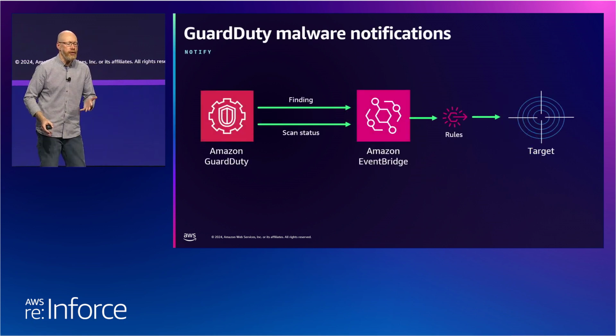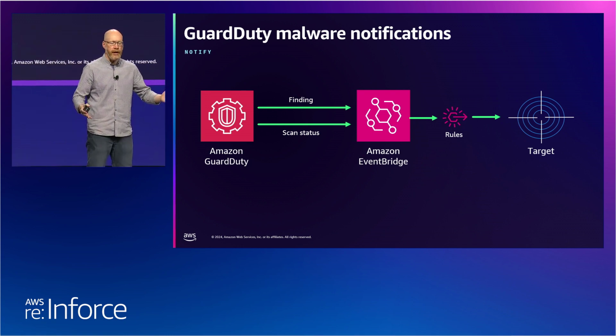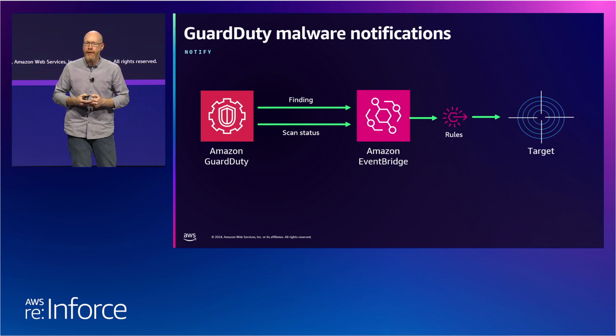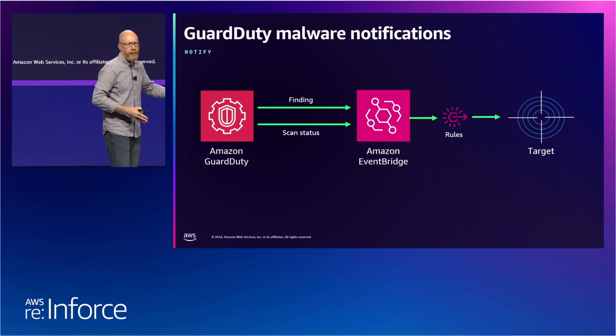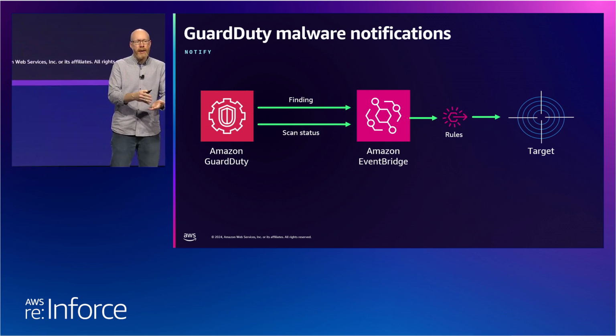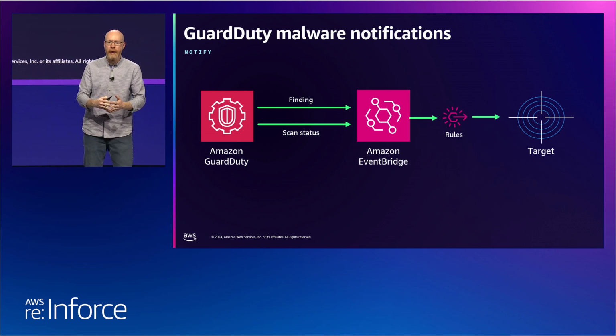So to start with, let's focus on the notify aspect. In this example, GuardDuty is enabled, or not enabled, but GuardDuty is still performing that scanning function on the S3 bucket at the end of the day. As Sujay highlighted before, if you have GuardDuty enabled, every time malware is identified, it will create a finding in GuardDuty.